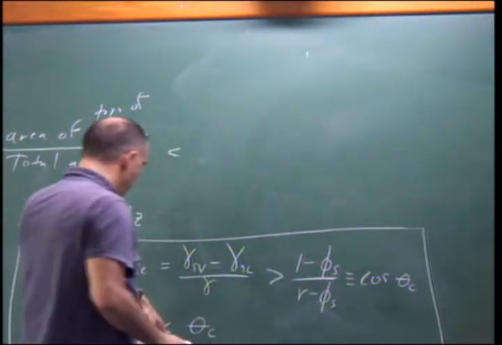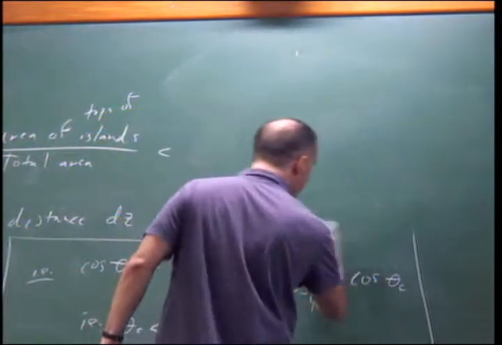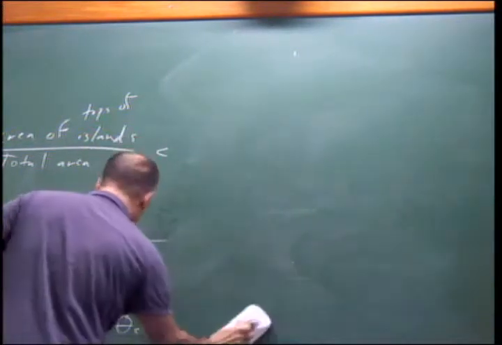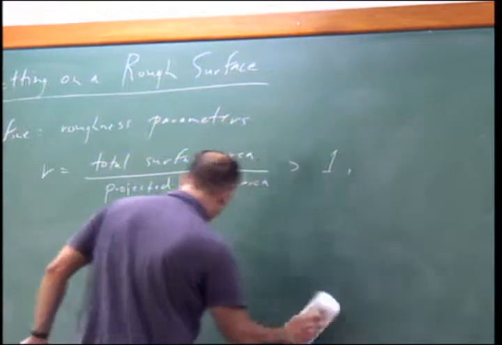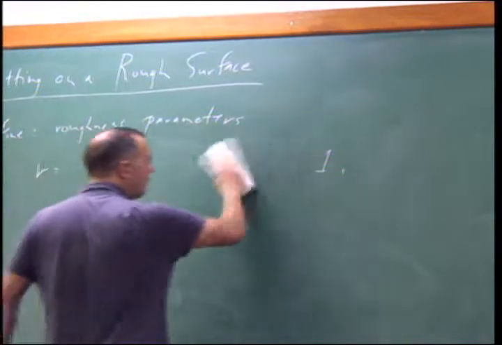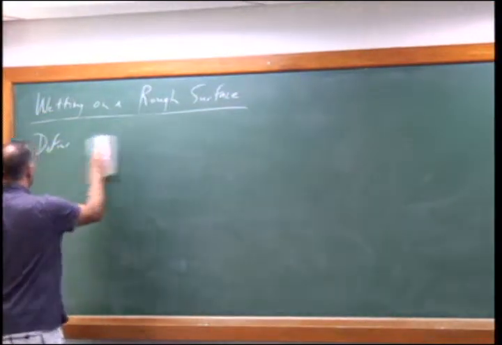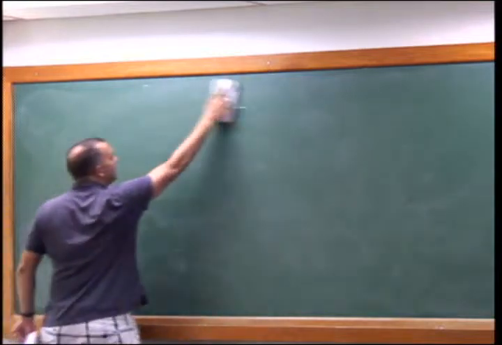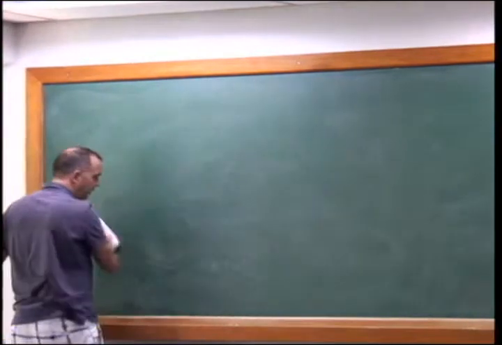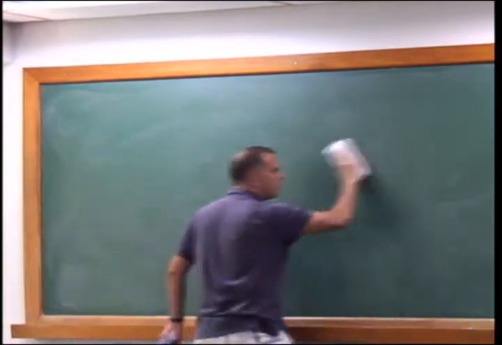But this number, this theta C, will come back at us. So there's going to be a crossover between these two states, one in which the fluid wants to get into the roughness elements and wet everything, and one in which it wants to avoid it. So we want to define the dividing line between those two states.